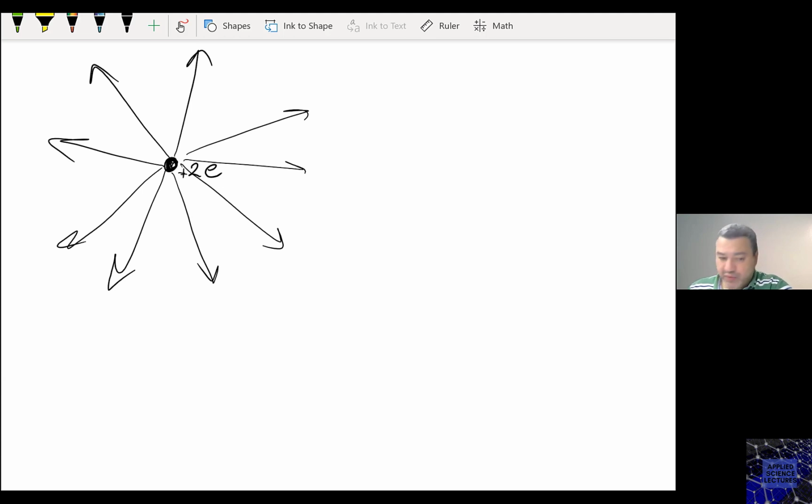Now I need to evaluate the force experienced by a proton. So I brought a proton somewhere here, and I know that the distance between this calcium and the proton here, which is equivalent to 1e, is 1.9 times 10 to the power minus 8 meter.